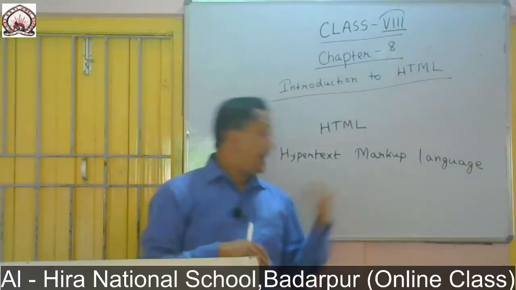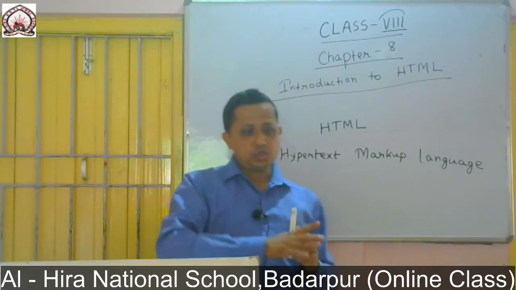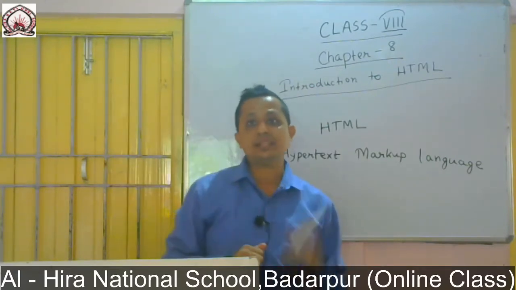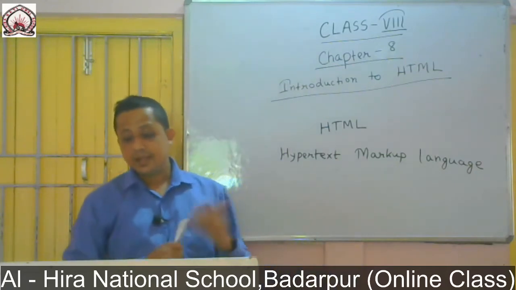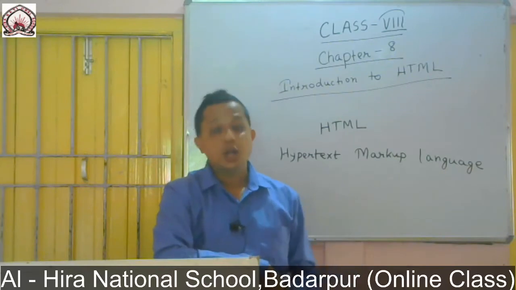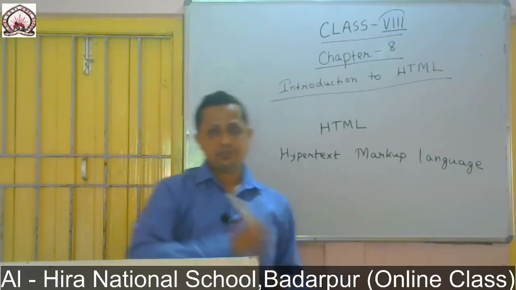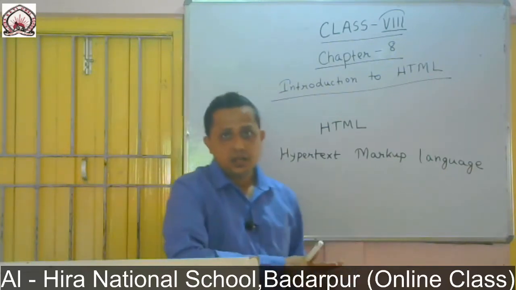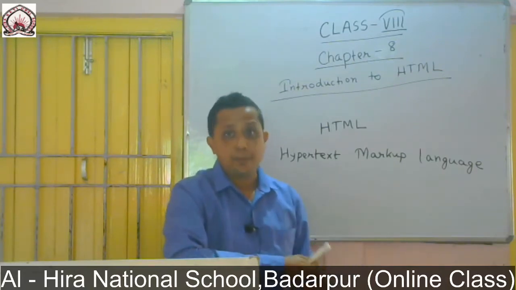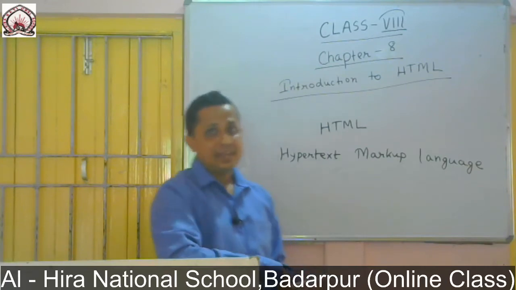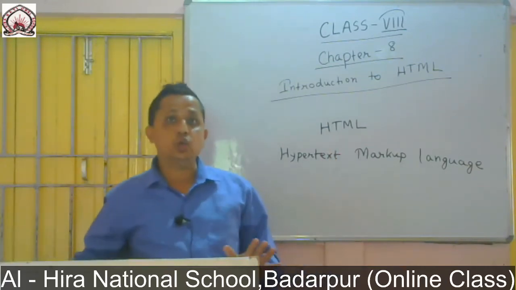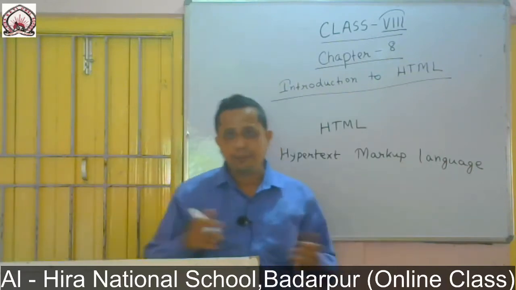Now, why is it called hyper? Because when a thing moves, it is known as hyper. The movement from one document to another document is hyper and not linear. So HTML is the language which deals with the hypertext document, and it is a computer language used for creating web pages.